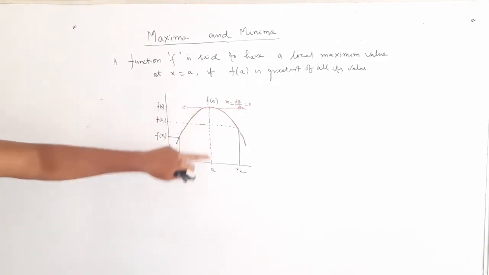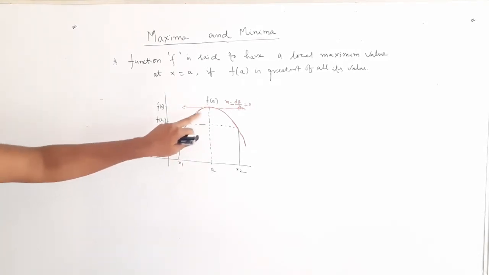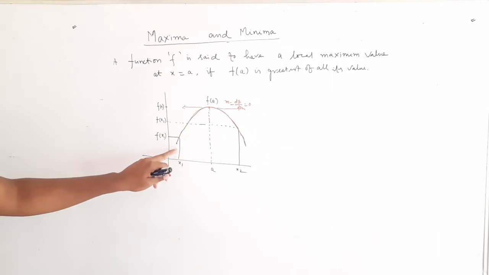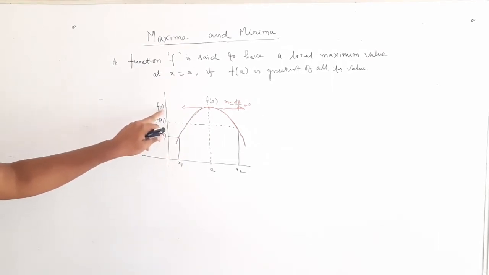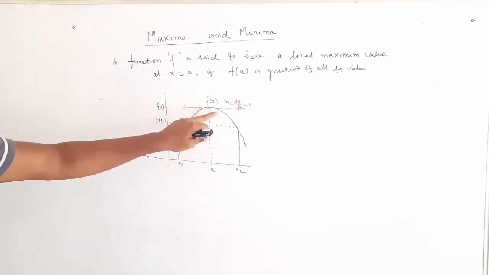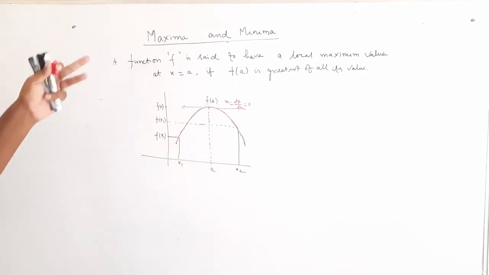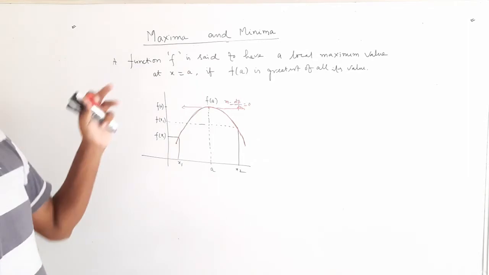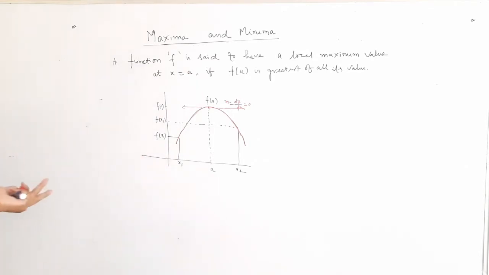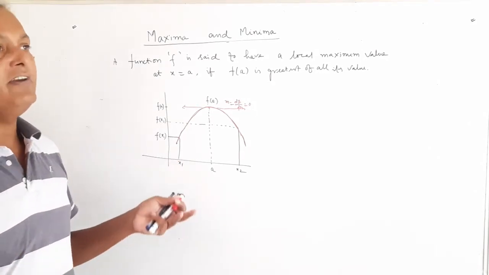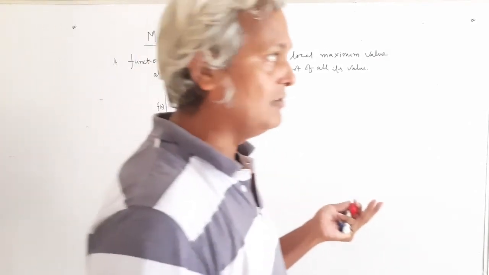This value is the highest because the function increases from f(x1) to f(a), and after that it starts decreasing, meaning f(a) is the maximum value. This value is called the local maximum, or the relative maximum value, but commonly we just use the term maximum value.